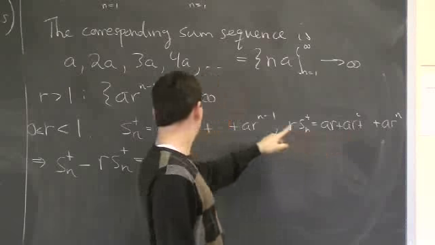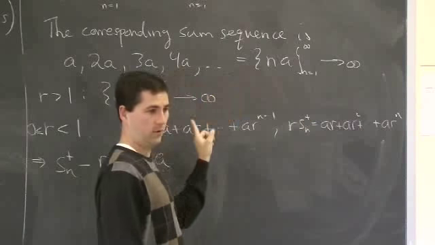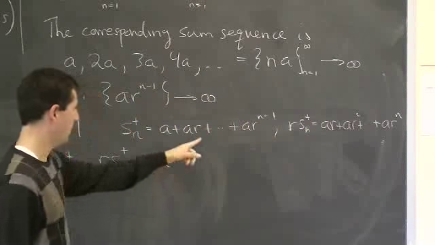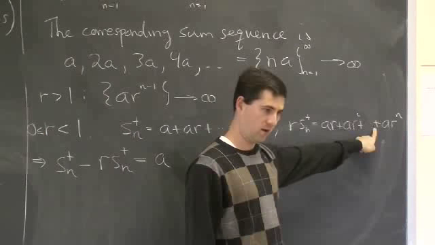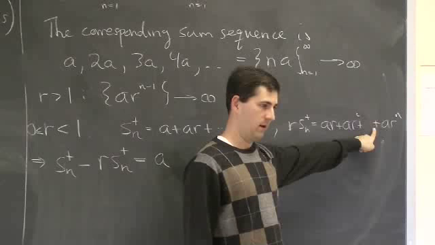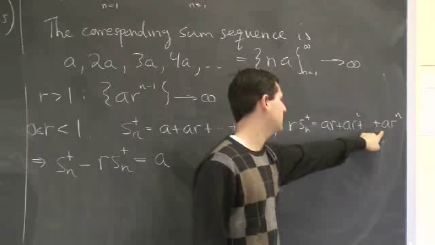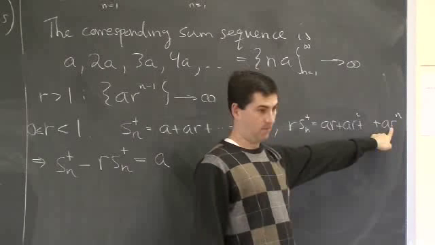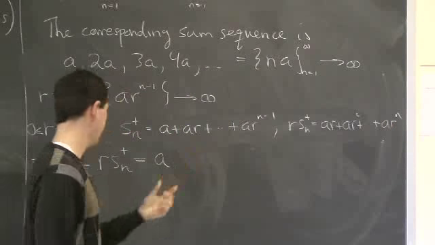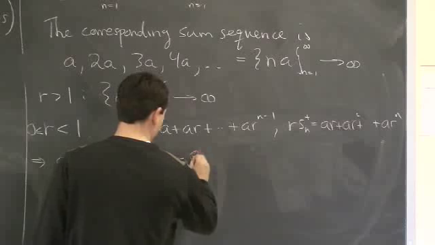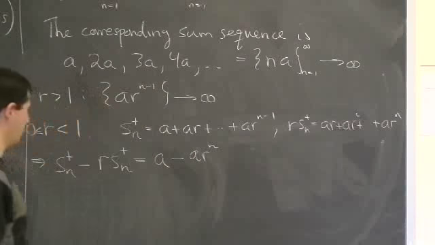They're going to cancel. Ar cubed, ar cubed. Ar to the fourth, ar to the fourth. They're just going to keep canceling. Ar to the n minus 1, I'm going to subtract an ar to the n minus 1. Right? Almost everything goes away. The only thing is at the very end, I have a minus ar to the n, which doesn't get canceled by anything on the left. So I get a minus ar to the n.